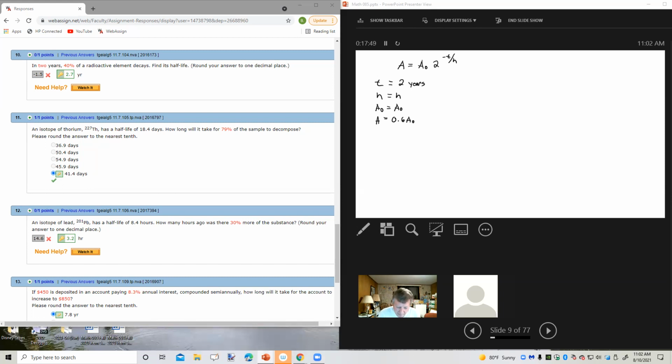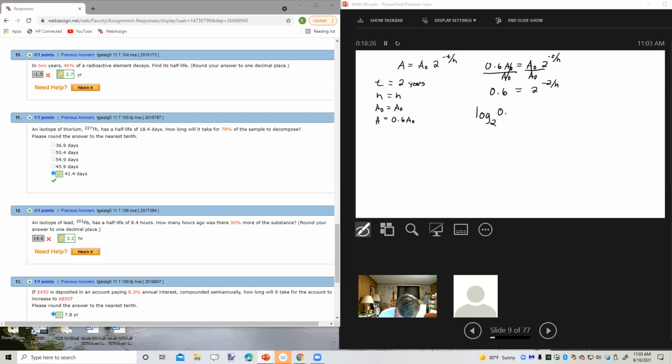Yeah. Okay. So now our equation becomes 0.6 A sub 0 equals A sub 0 times 2 to the negative 2 over H power. We're going to divide both sides by A sub 0. So 0.6 equals 2 to the negative 2 over H power. Now I have it in a form that I can convert into a logarithmic equation.